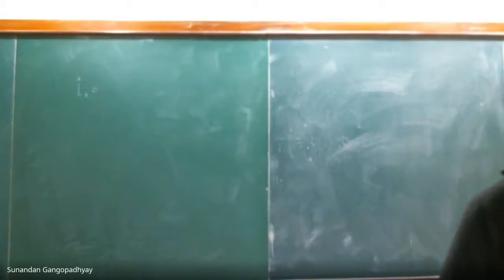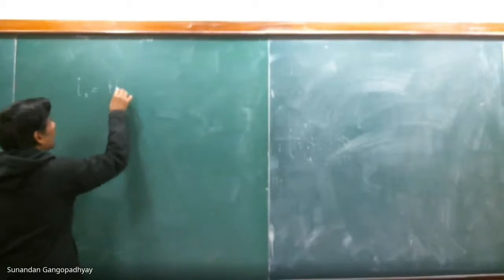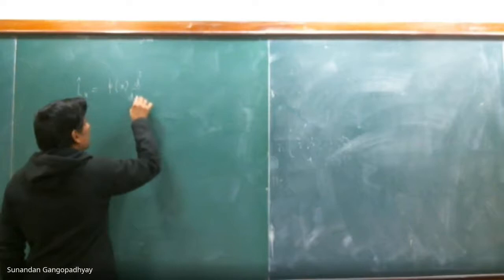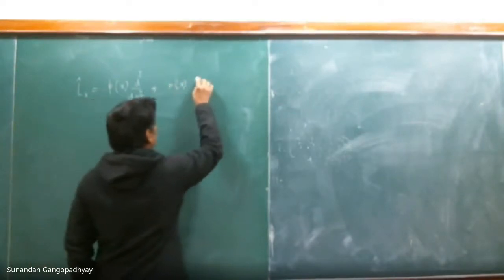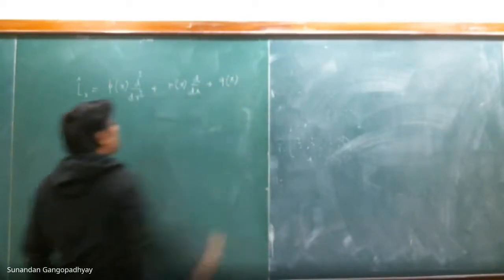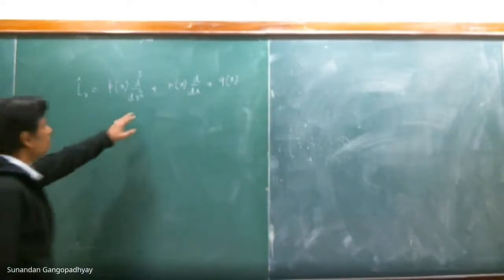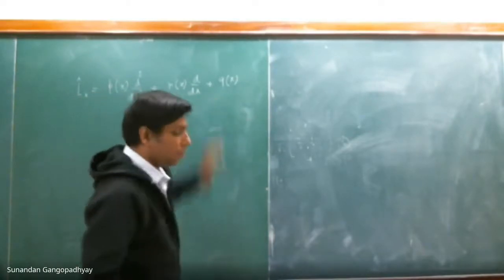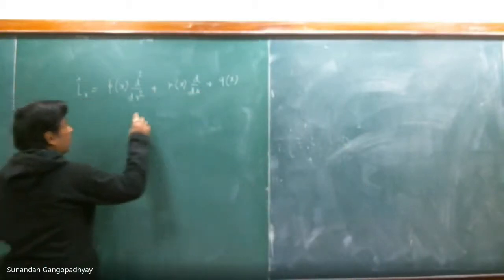Okay. So in the previous lecture, we were discussing this second order differential operator of this form p(x) d²/dx² + r(x) d/dx + q(x), where p, r and q are real and continuous functions of x in the closed interval [a,b].